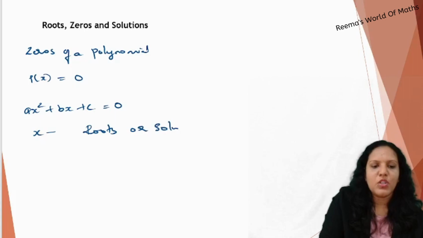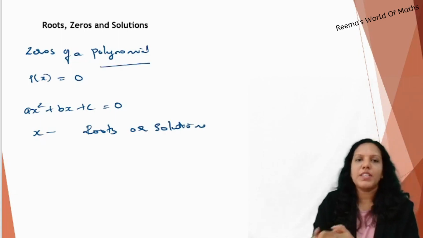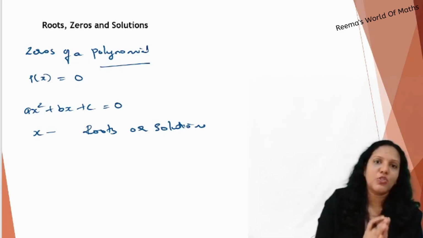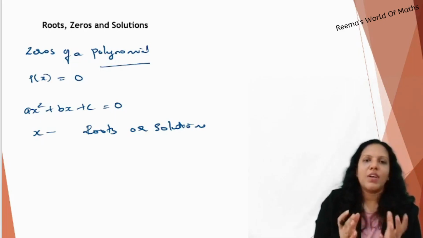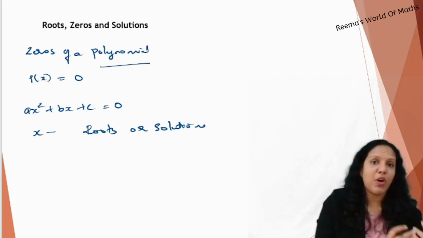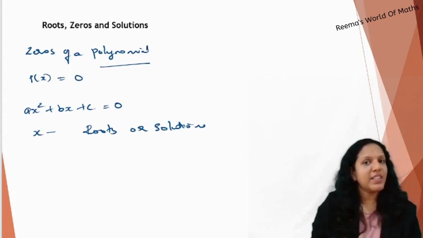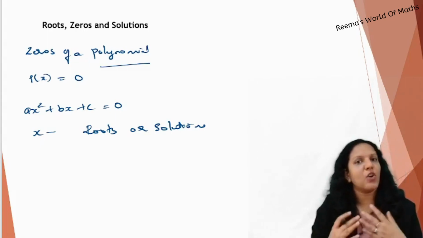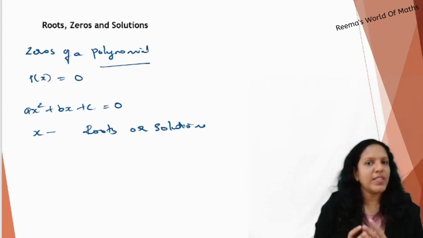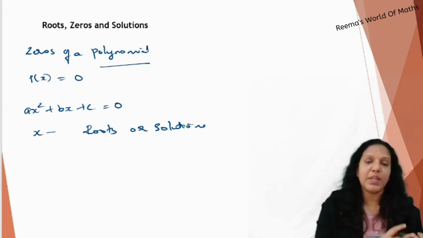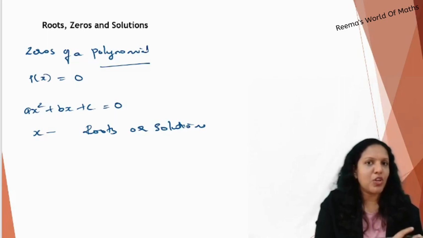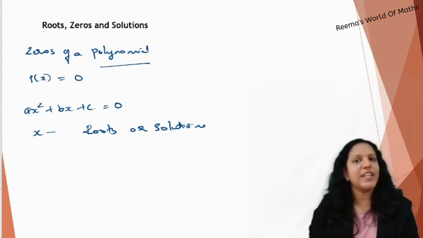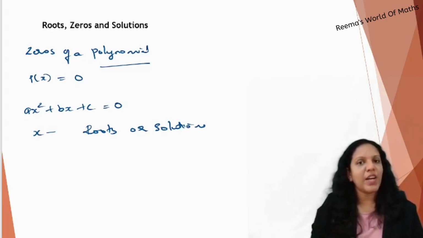So in a polynomial we call them zeros, but in a quadratic equation we call them roots or solutions. One more thing: the zeros of a quadratic polynomial and the roots of a quadratic equation are always the same. A quadratic polynomial can have at most two zeros, and similarly a quadratic equation can have at most two solutions or roots.